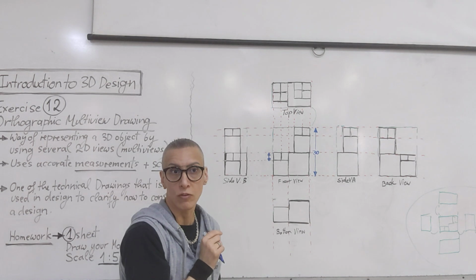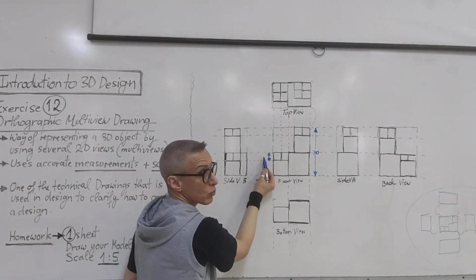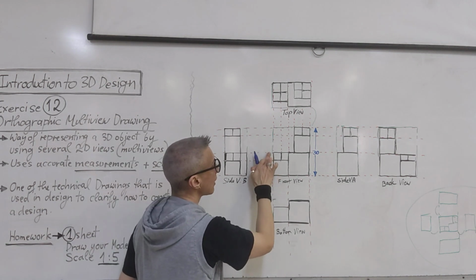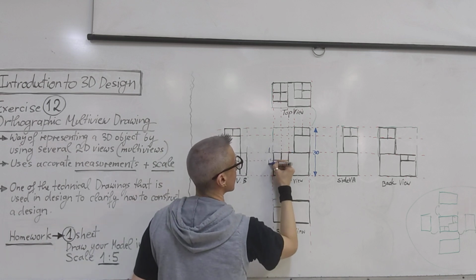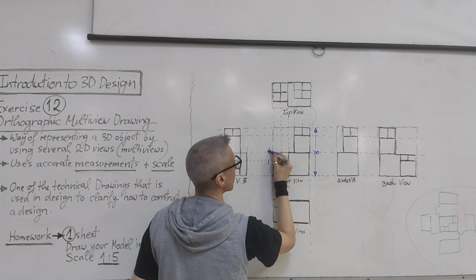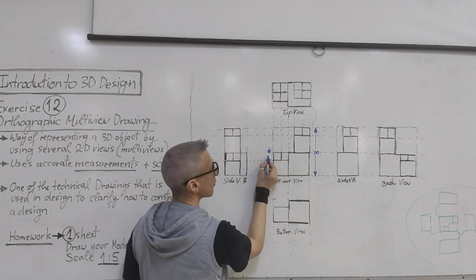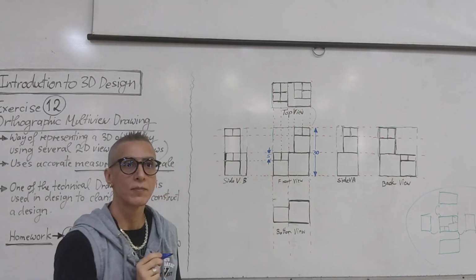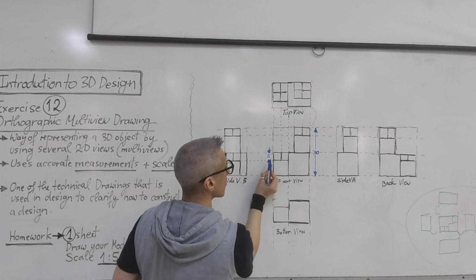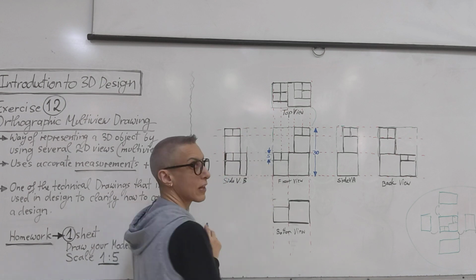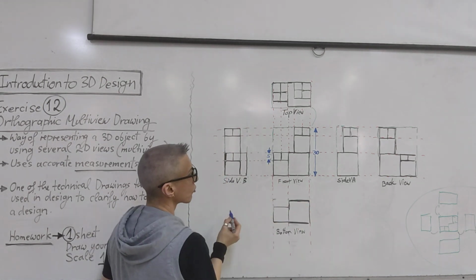So there are two solutions for it. Either to put the number next to it, or to draw this line in this way, and put the number inside here, for example, okay? So, one coming from here, one coming from here, the edge is touching the red line, which is the dotted line, the construction line.